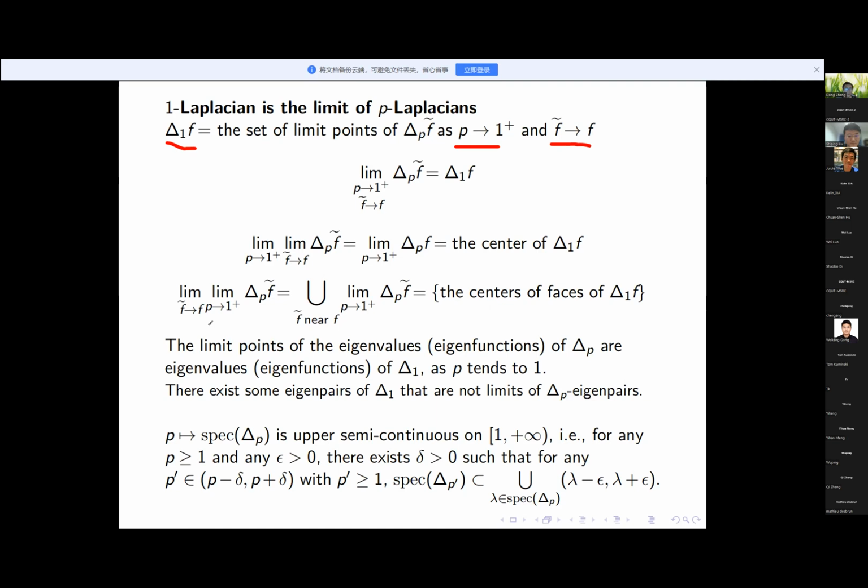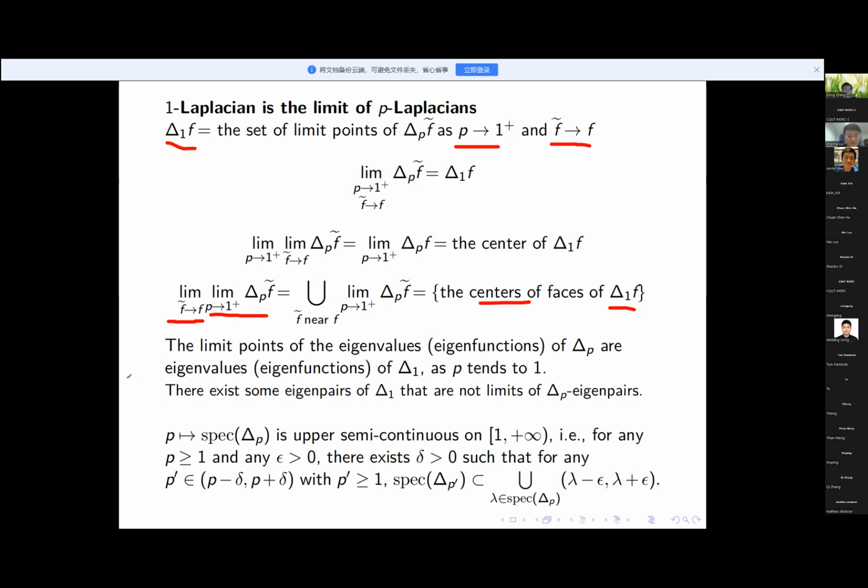And if we take the limit p to 1 first and then take the limit f tilde to f, then we get the collection of all center points of the faces of the 1-Laplacian acting on f. Here we use the fact that Delta_1 f is actually a zonotope, so every face is centrally symmetric, and therefore they have centers.